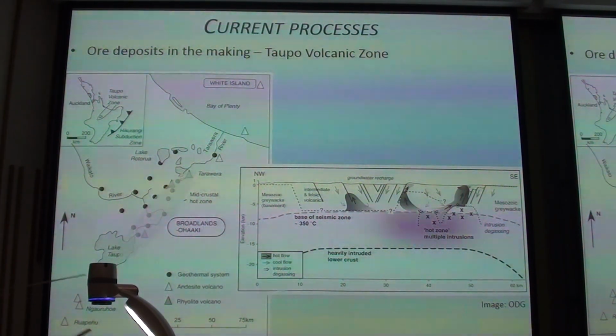We have this formation of many volcanoes and geothermal fields, geothermal systems, which are basically modern day epithermal deposits. We just have to maybe wait another few hundreds of thousands of years or million years to come back and know where to look.